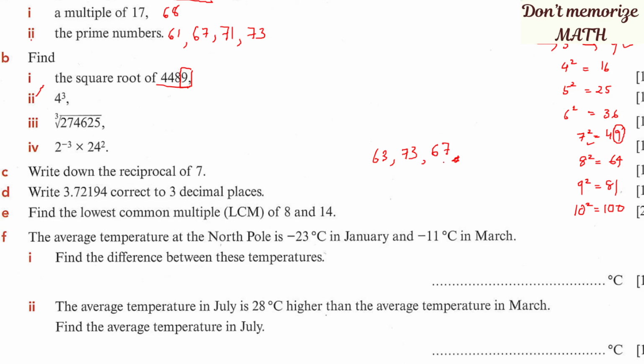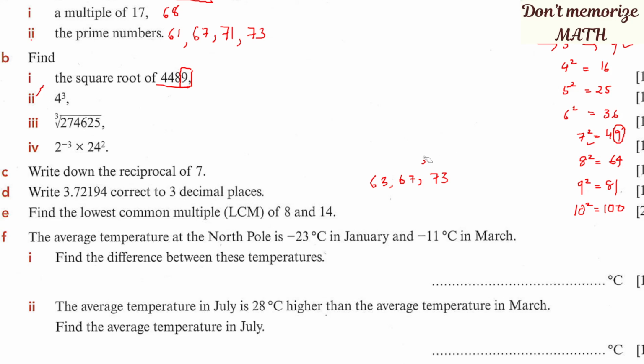So we have three options. I will write in order: 63, 67 and 73. One of these numbers is the answer.